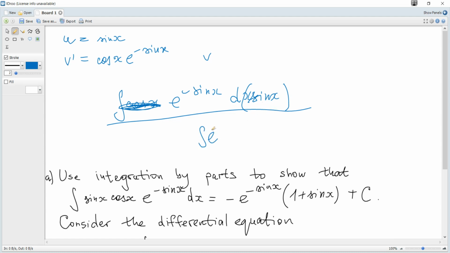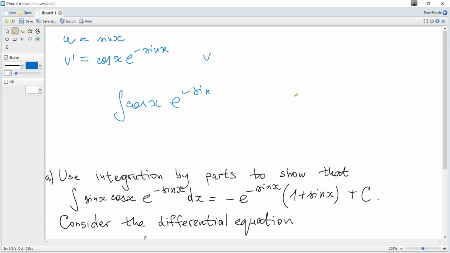It looks like e to negative u du. It's called the inverse chain rule, but it's not required. You may apply the substitution u method directly, but it's useful to understand that some substitution can be applied at all.